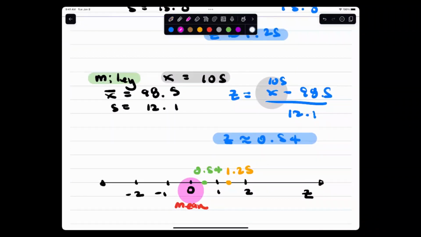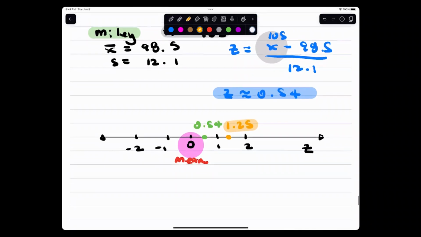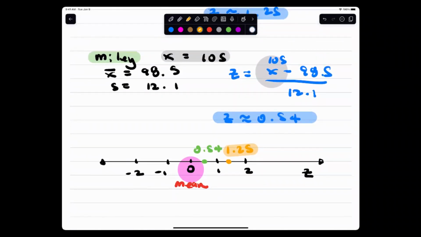The person that scored 1.25 did relatively better. They're higher in terms of their z-score, further from the mean. So if you're taking a test, don't you want to be further from the mean? And are any of these scores unusual? No, they're not unusual, are they?